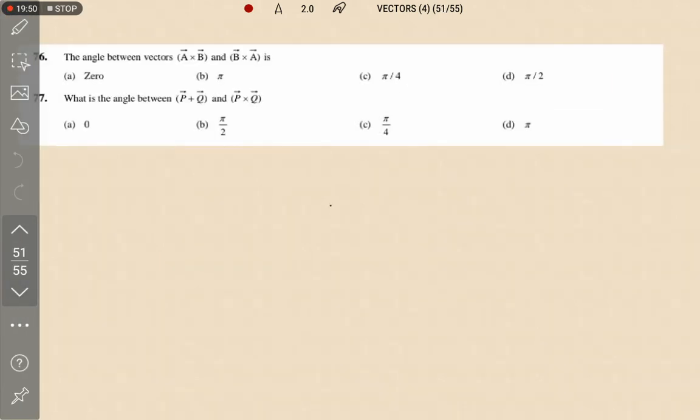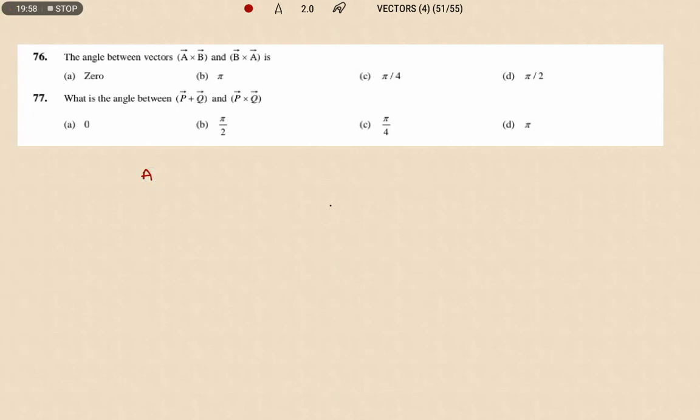Right, next. The question given to you: the angle between A bar cross B bar and B bar cross A bar. We know that A bar cross B bar is equal to minus B bar cross A bar.